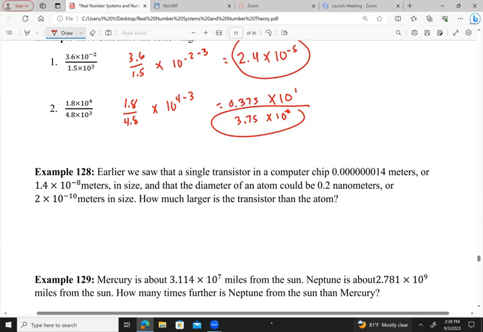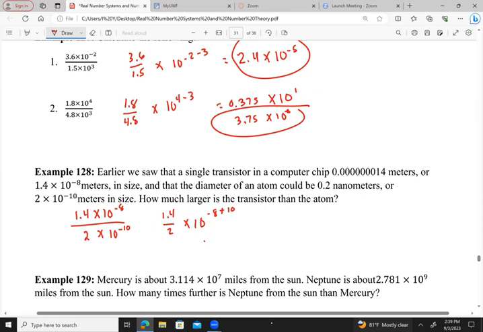Well, we just simply take 1.4 times 10 to the negative 8 and divide it by 2 times 10 to the negative 10. So I have 1.4 divided by 2 times 10 to the negative 8, and this negative 10 becomes a positive 10.